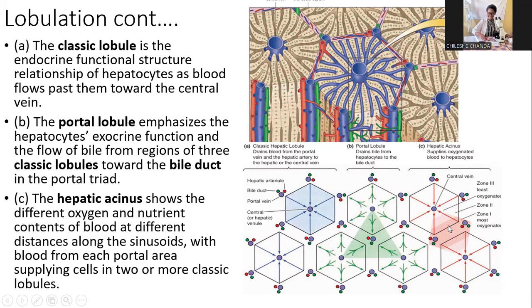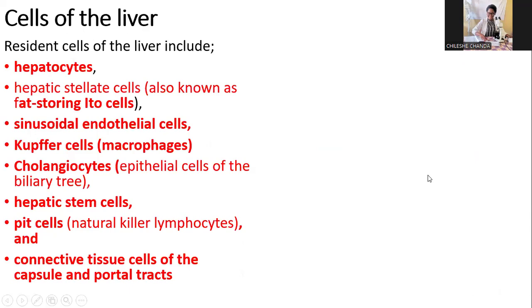Imagine the peach color in the middle: these cells are supplied nicely with very fresh blood. As it goes towards the central vein, some cells are not supplied with very fresh blood. So these cells here are the first to receive very fresh blood. Those are the lobules of the liver.